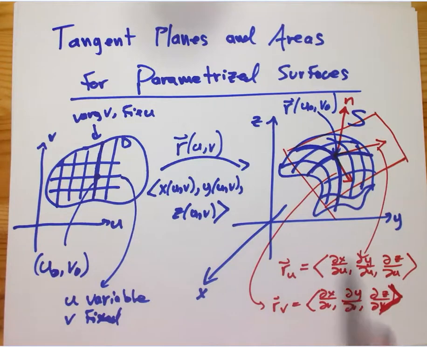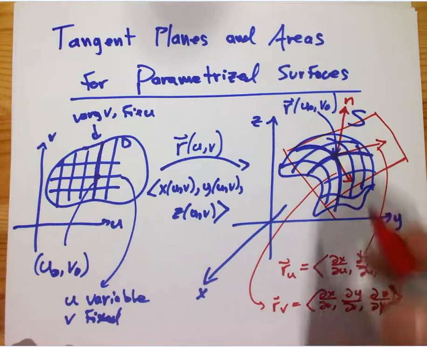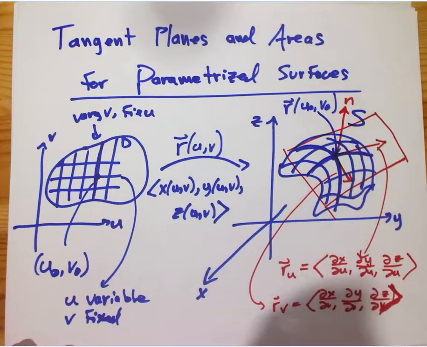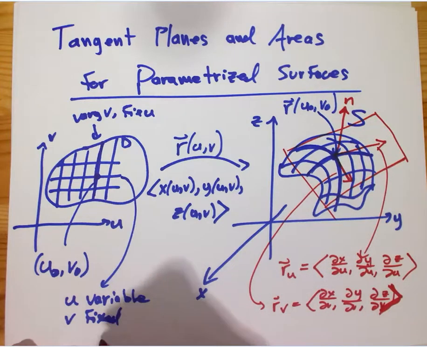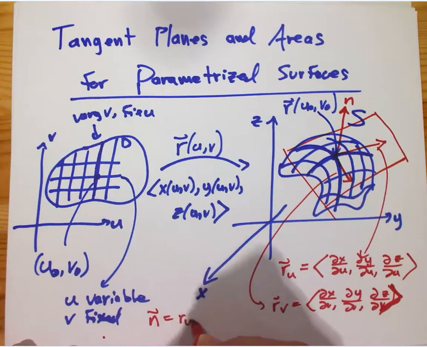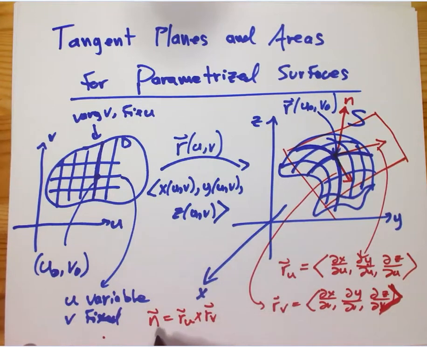It's very much like the Jacobian story, and we're going to see when we look in a minute at the area element, it's very, very similar to the Jacobian story. And so the normal vector here, we can use the cross product of these guys. We could use n to be just r_u cross r_v. Now, one important thing is sometimes we're going to need a unit normal vector.